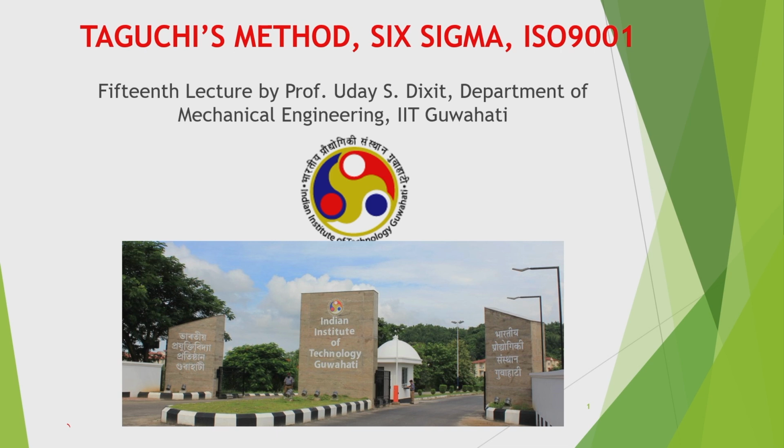The process is going on, and you just have to see whether something is within control or out of control. For example, you can have an X bar chart, where you plot X bar; this is the grand mean, this is the UCL, and this is the LCL.